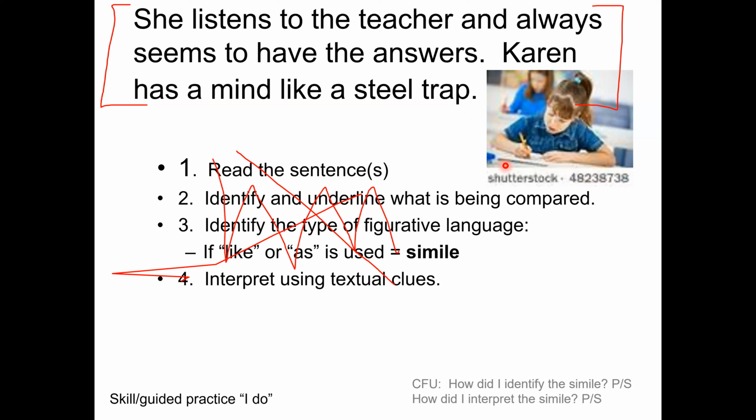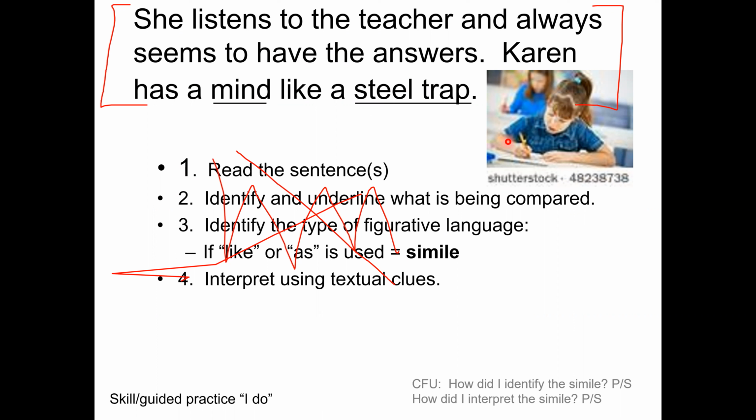Karen's mind and a steel trap. Very good. Those are the two things that are being compared. So when you write it down, underline the two things that are being compared: her mind and the steel trap.